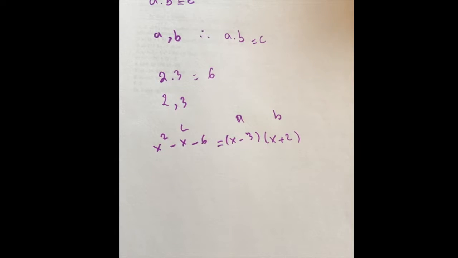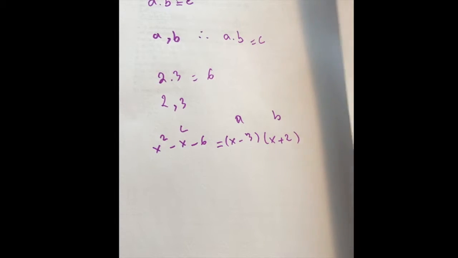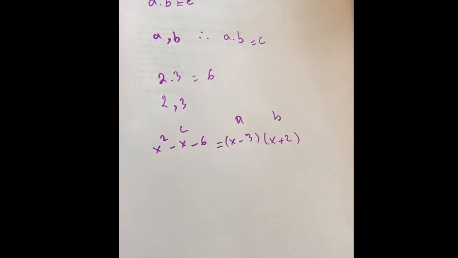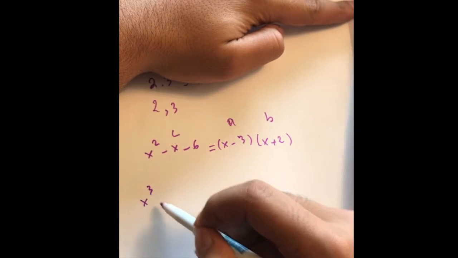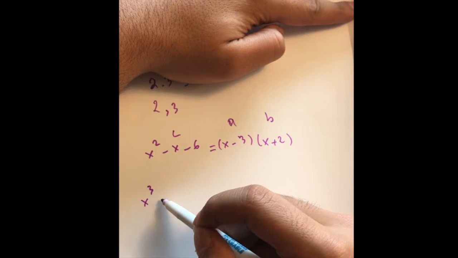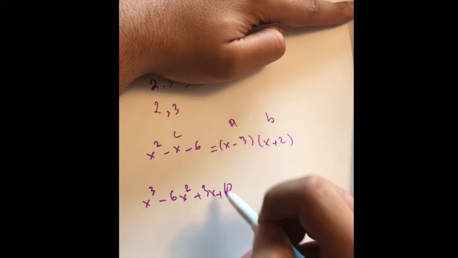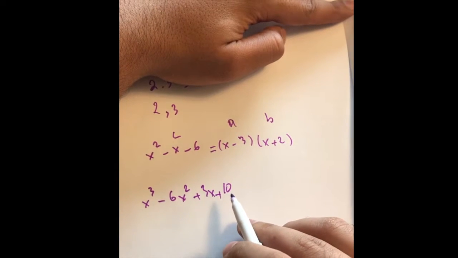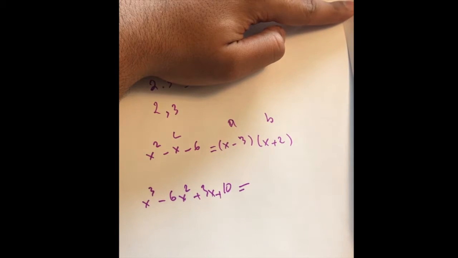So let's say, for example, we have a function x cubed minus 6x squared plus 3x plus 10. And we were trying to find one of the factors in order to be able to find the others.